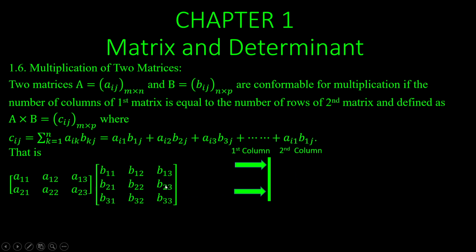Again, we consider the second column of the second matrix. Now multiplying all those entries by the corresponding entries of the first row of the first matrix, and adding those products, we get a sum and put it here.